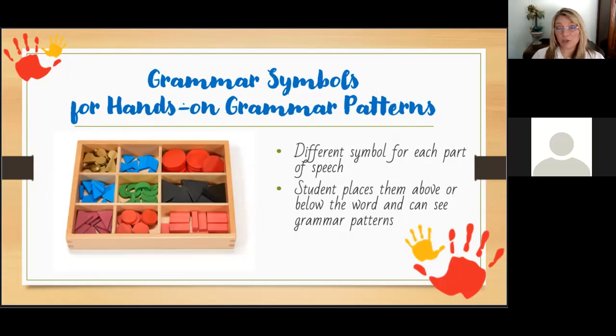Again, there is a printable version of these with the digital kit. And this is another nice thing: either print them on cardstock or use that printout as a template to create a felt set of those grammar symbols.